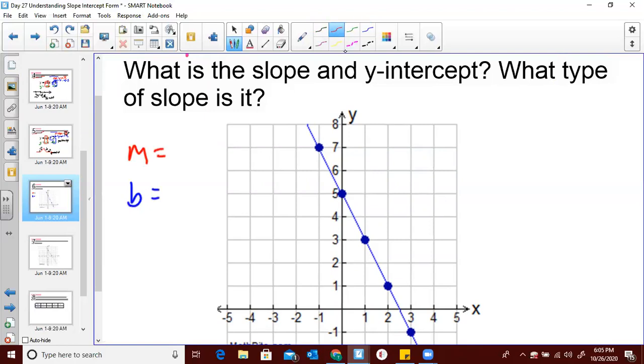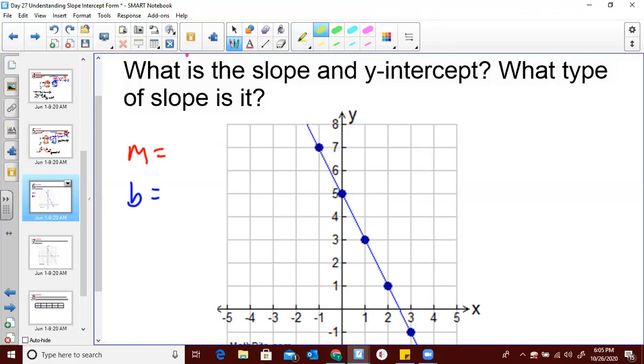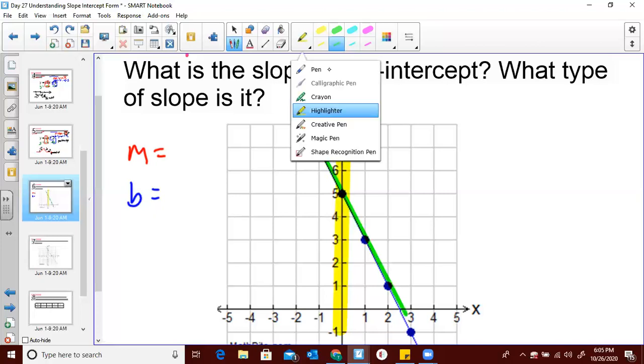All right, so I said it earlier that looking for the y-intercept is always going to be so much easier. So I'm going to highlight our y-axis. Right, so where does this line cross the y-axis?